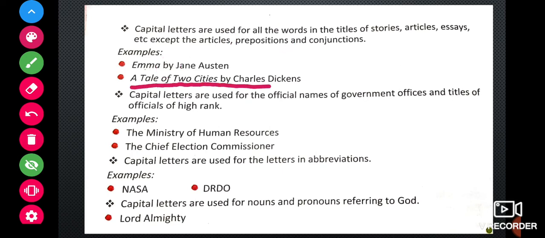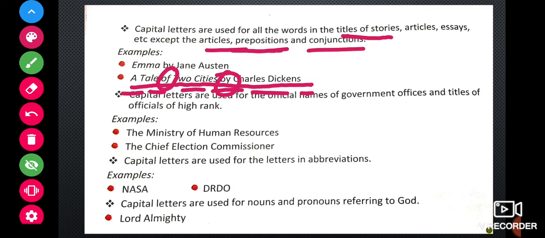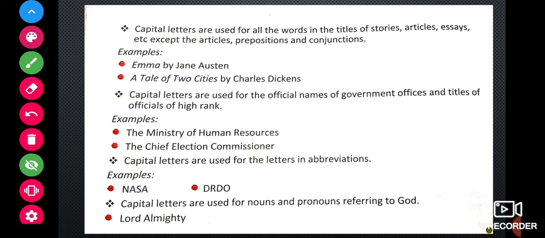A Tale of Two Cities by Charles Dickens. So as you can see, every word has started with a capital letter except of and by because they are prepositions. So that is the rule. In the titles of stories or articles or essays, all the words will start with capital letter, but articles, prepositions and conjunctions will not be capital.